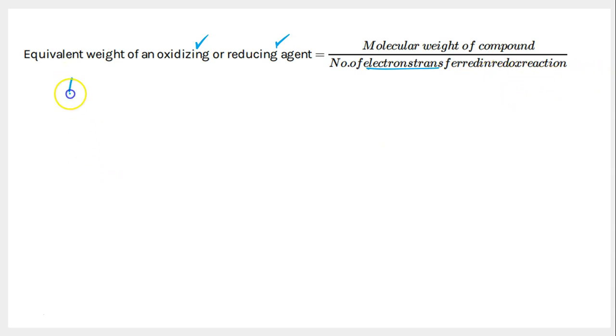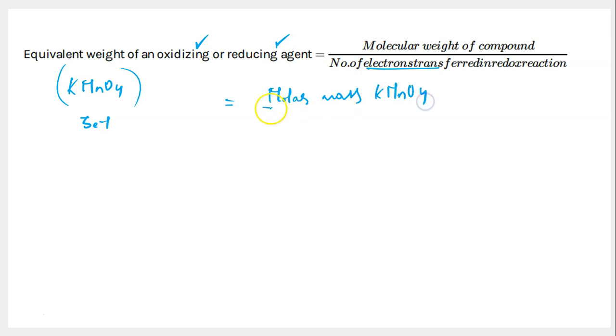Say, for example, I'm talking about KMnO4, which is an oxidizing agent. KMnO4 transfers 5 electrons. So to calculate the gram equivalent mass of KMnO4, you take the molar mass of KMnO4 in the numerator and divide this by 5, because 5 electrons are being transferred during the process of oxidation or reduction.